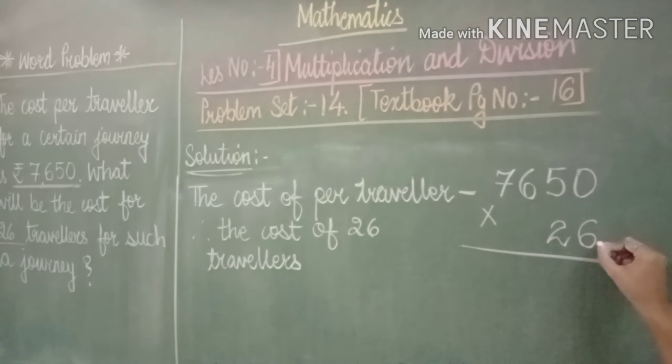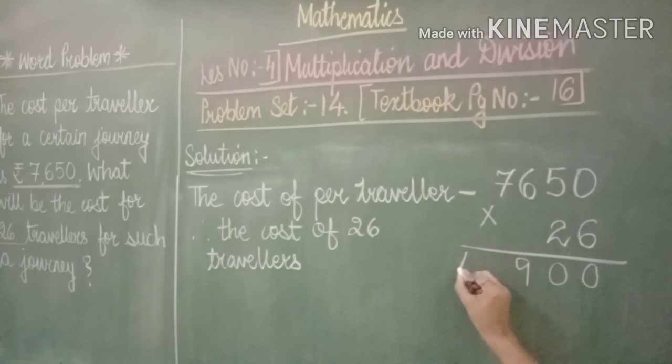So multiply into 26. So 6 zeros are 0, 6 5s are 30, 3 carried up, 0 written down, 6 6s are 36, 36 plus 3 becomes 39. So 3 carried up, 9 written down, 6 7s are 42, 42 plus 3 becomes 45.